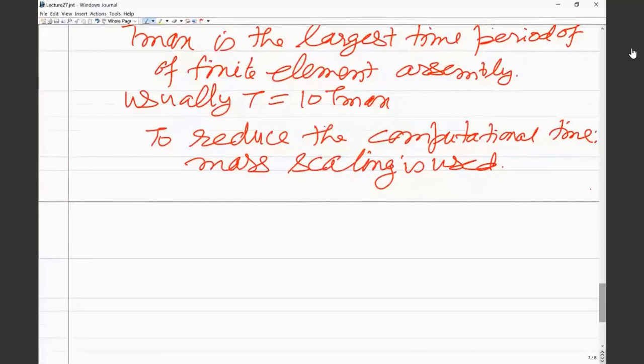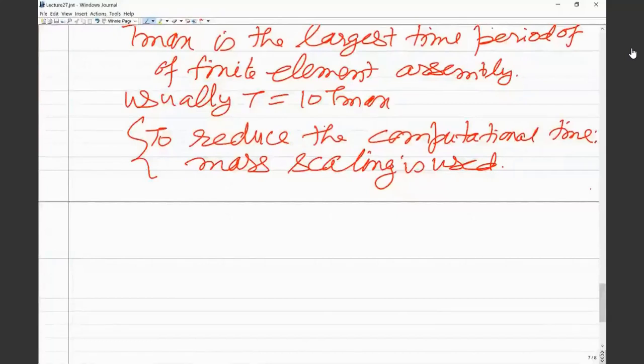Sir, how do we know whether the solution is correct or not? Because once we do the mass scaling, we can use any numbers. So now I am talking about this for solving statics problems. You also look at the kinetic energy.